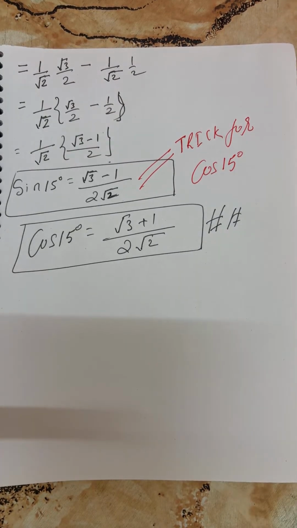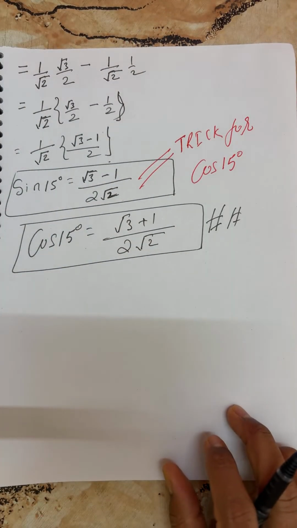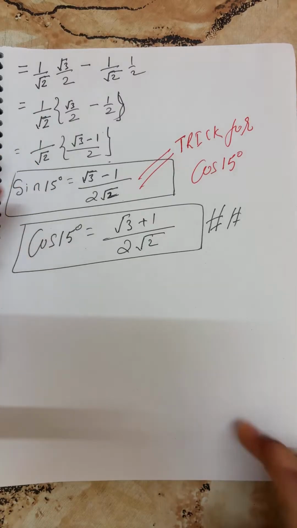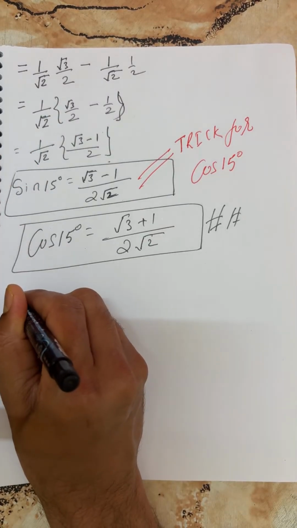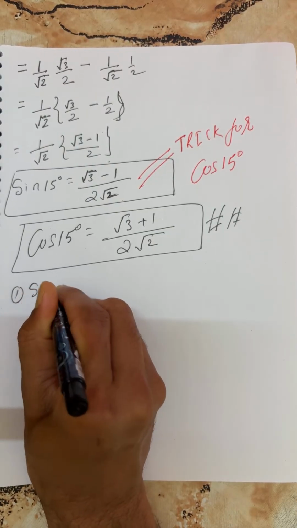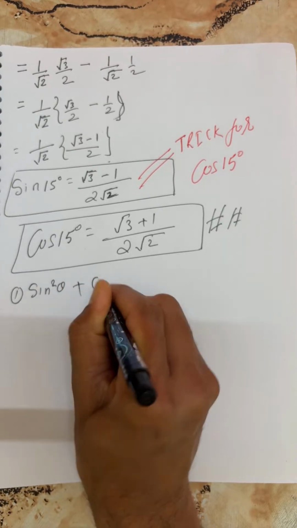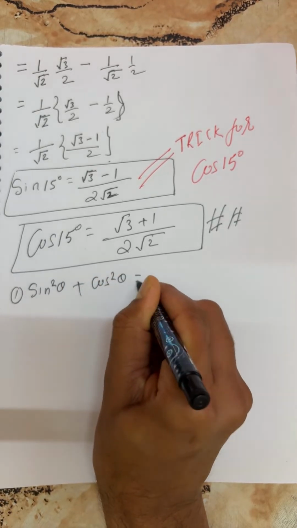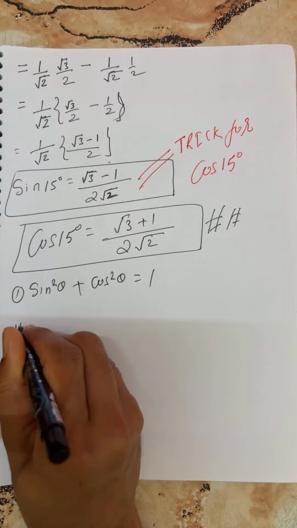Okay, in trigonometry, yes, we have done the basics. A few formulas I'll use randomly anywhere in the entire physics, so we must remember only those formulas. I'll not say to remember every formula, but we remember a few. First, sin square theta plus cos square theta is equal to 1.